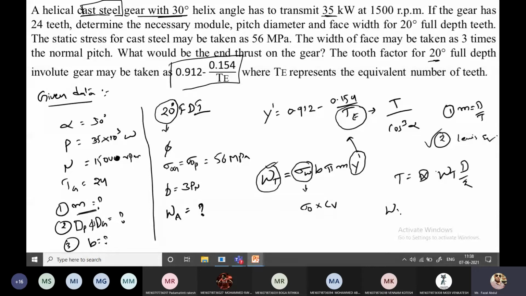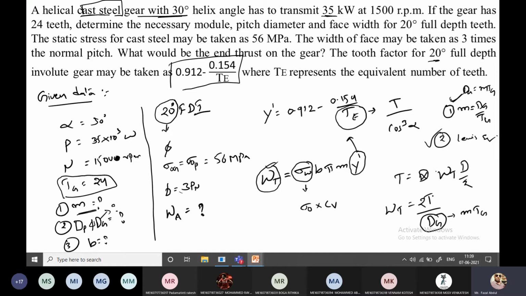With this relation, Wt equals 2T by dg. dg is what is being asked, so I don't know dg, but dg is equal to m into tg, the number of teeth on the gear. tg is given, while tp we don't know. That is another reason I am applying the Lewis equation to the gear material.